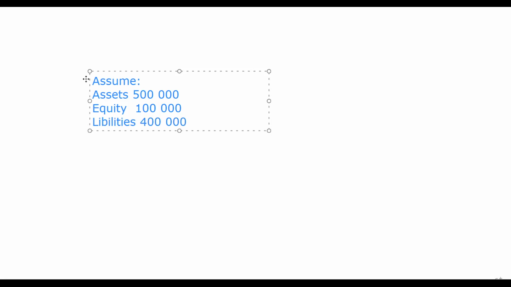So remember, the accounting equation: assets equals equity plus liabilities. It should balance. 500,000 is equal to 100 plus 400, so it balances. So what happens? How are assets, equity, and liabilities affected?